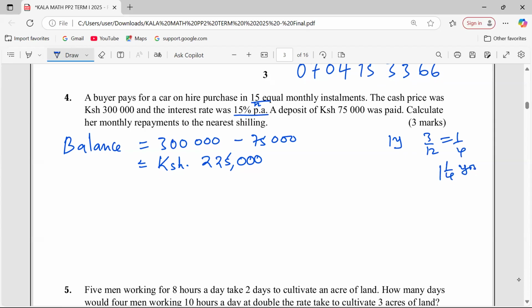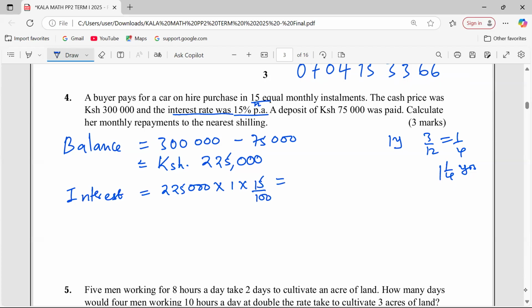1.25 years. So assuming that this interest, because we are told the interest rate was 15% per annum, we can assume it was a simple interest, whereby we will say that interest shall be 225,000, which is the balance, for 1 year at a rate of 15%.